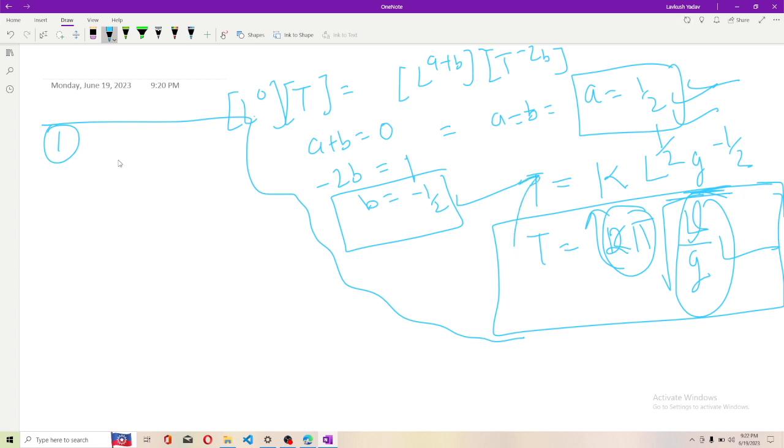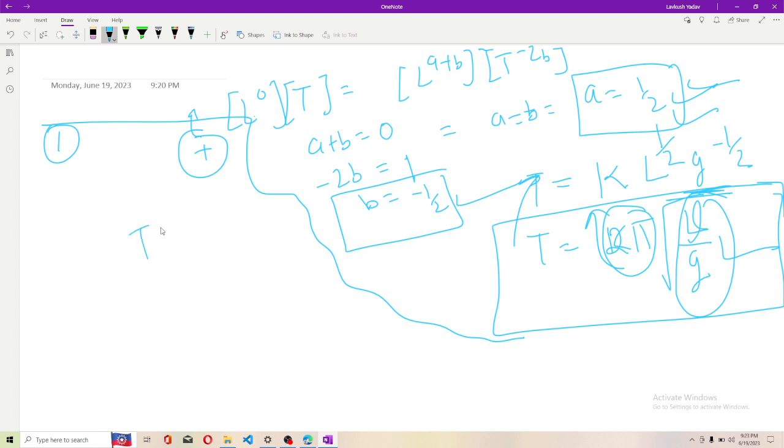Suppose there is some term which has a plus, can you find the relation then? Because here we are already taking the assumption that the quantities are in multiplication.